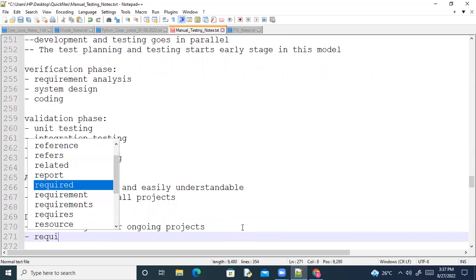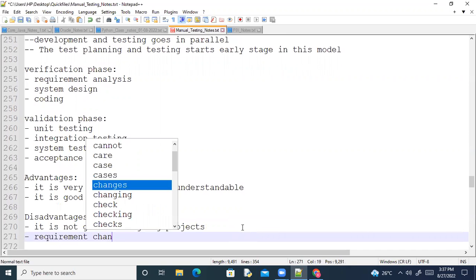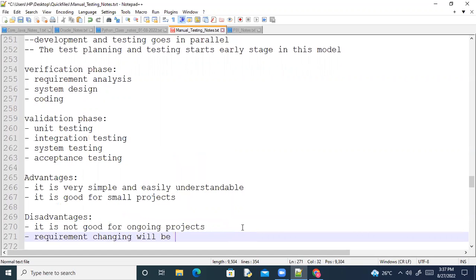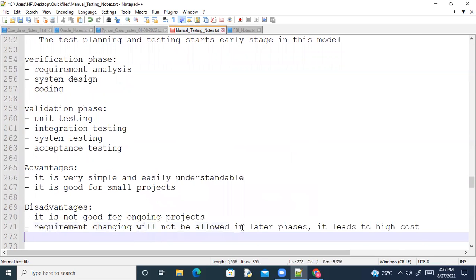Requirement changes will not be allowed in the later phases. It will lead to high cost.